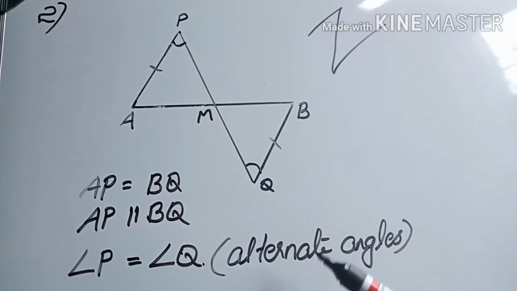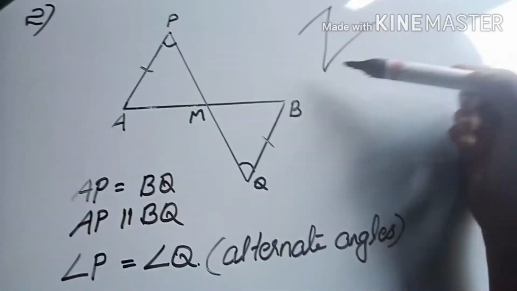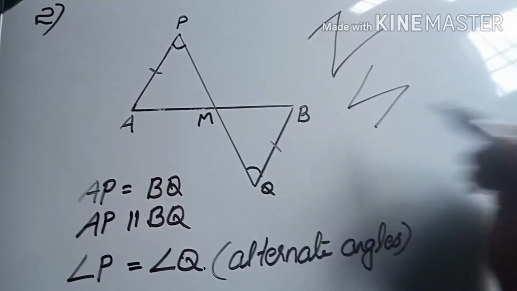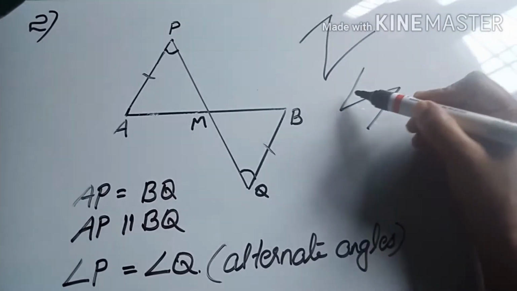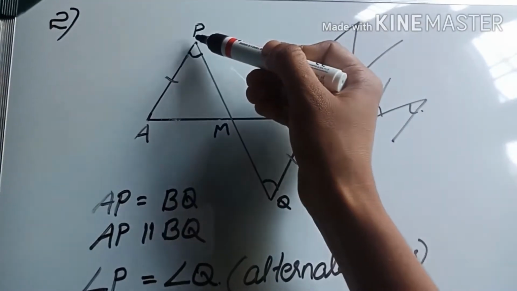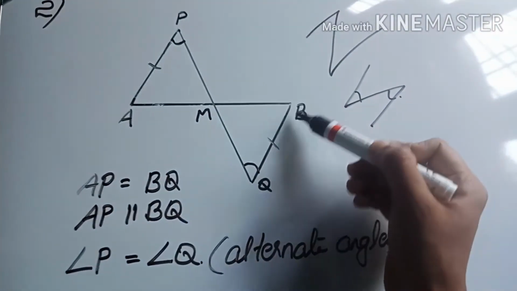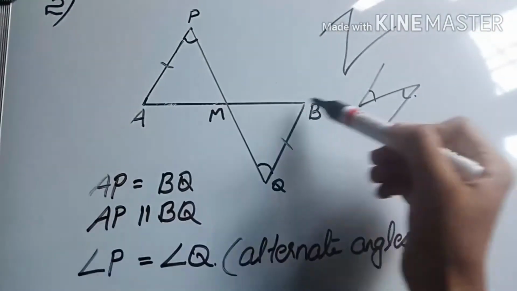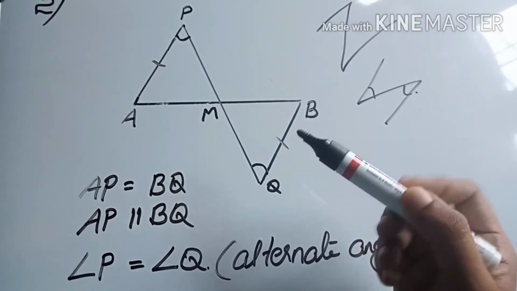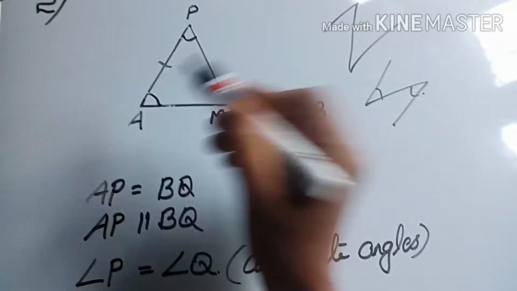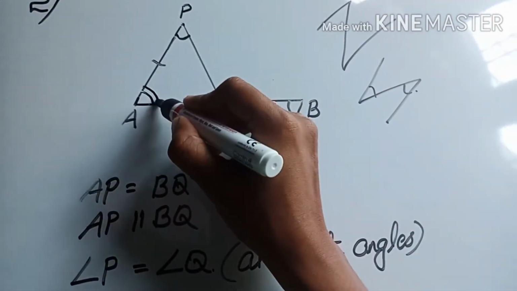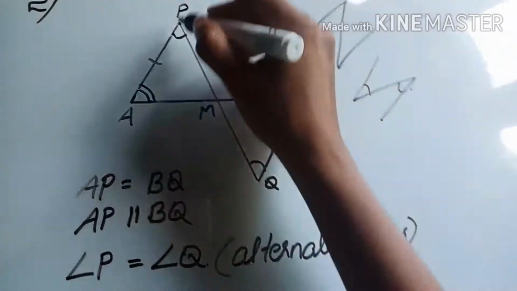Now let's consider the mirror image of Z. This is also the alternate angles rule. These two angles will be equal. When we consider this Z rule, angle A and angle B will be equal.